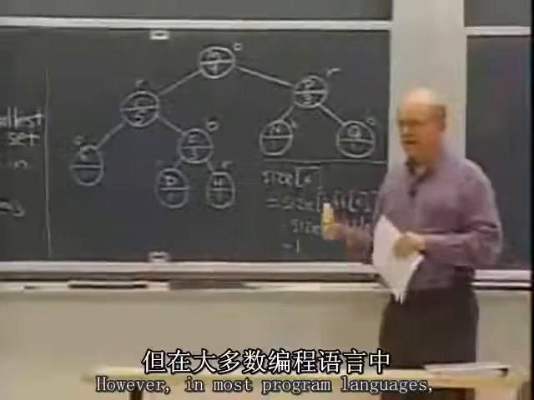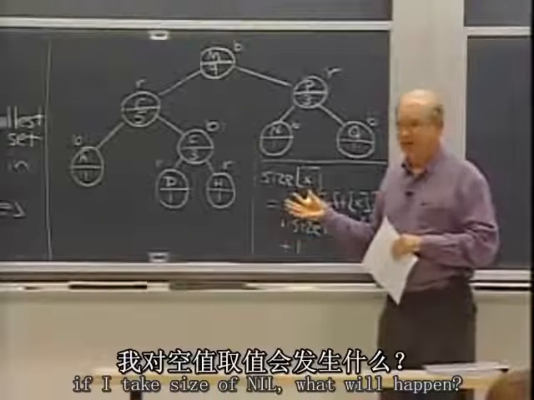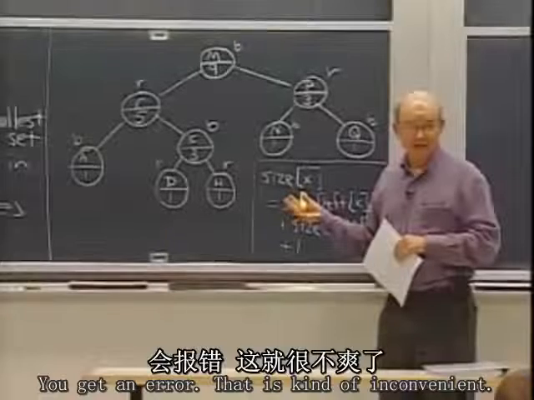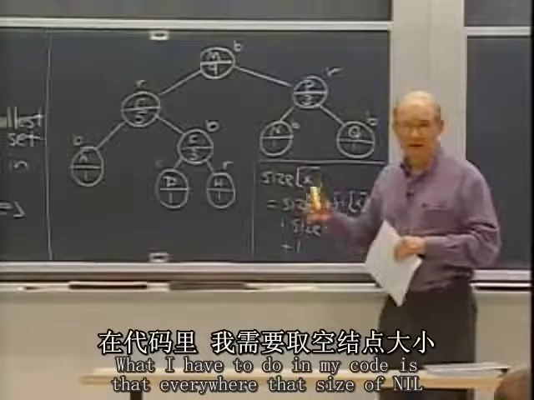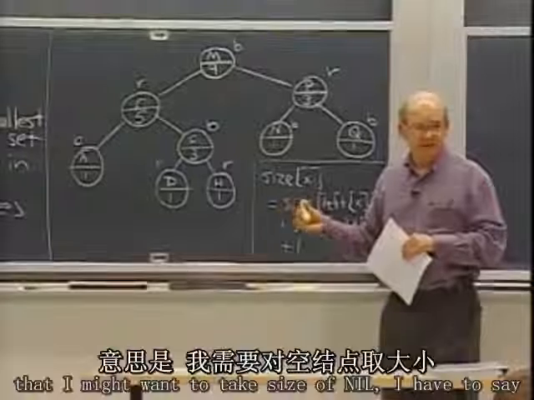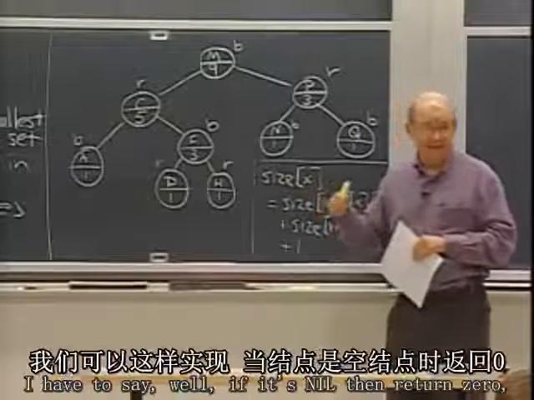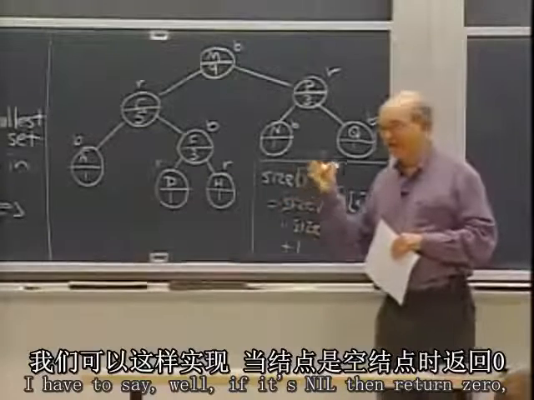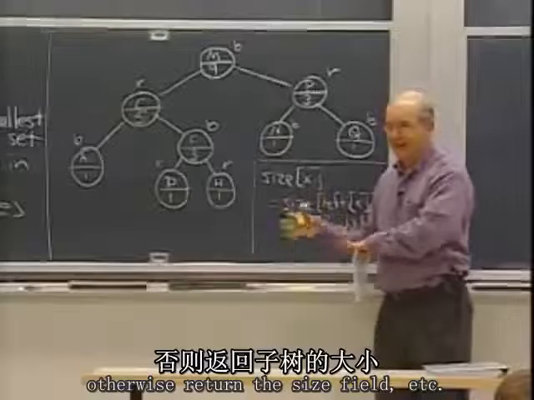However, in most programming languages, if I take size of nil, what will happen? You get an error. That's kind of inconvenient. So what I have to do in my code, everywhere I might want to take the size of anything, is say, well, if it's nil, then return 0, otherwise return the size field, etc.